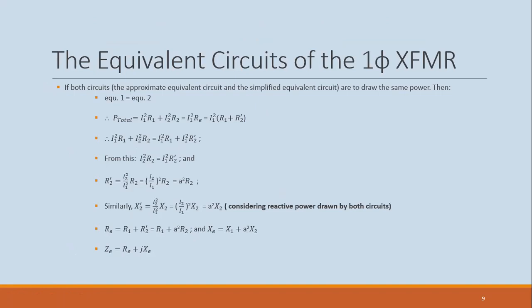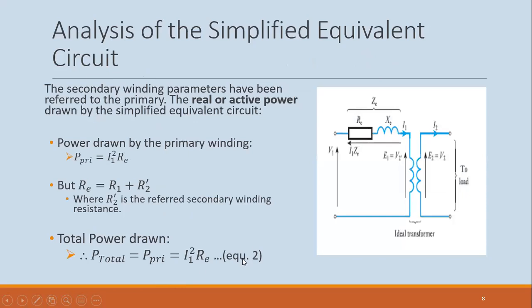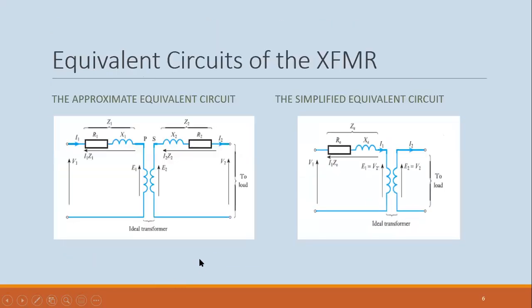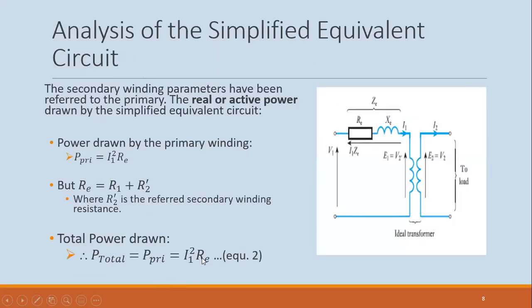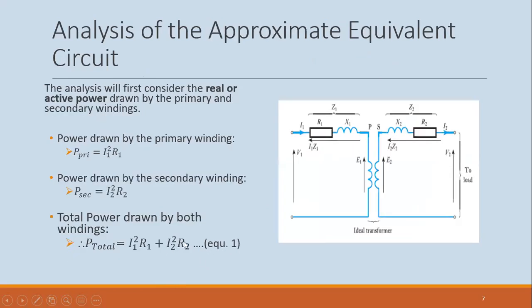Now, if the two circuits are equivalent, then the total power drawn by the simplified would also be equal to the approximate. All right. So equation 1 would be equal to equation 2. And just a reminder, this was equation 2. And before that, this was equation 1.